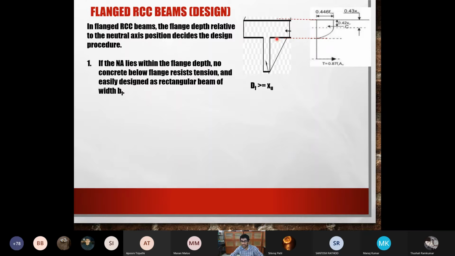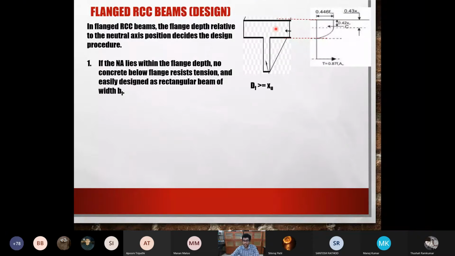Why? Because the neutral axis is either here or somewhere above it, and therefore it is as good as designing a rectangular beam for me. So you can use the same 0.36 fck b Xu into d minus 0.416 Xu, and you can calculate the moment. You can calculate whatever you want. You can do the design.